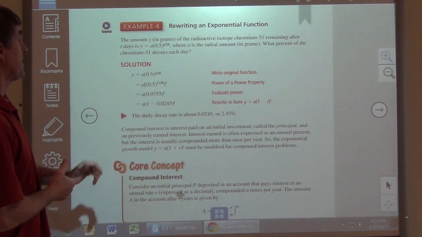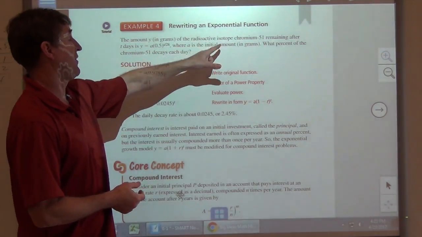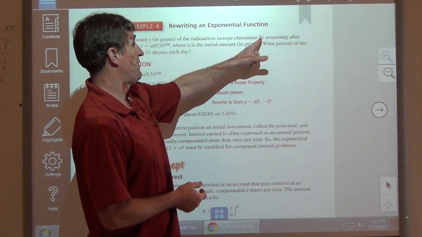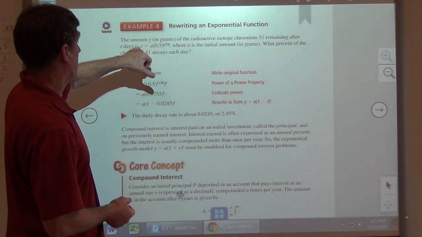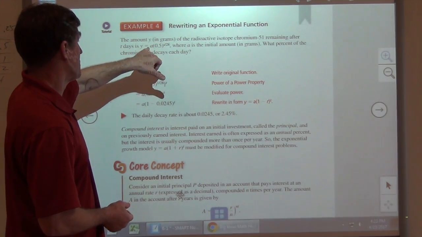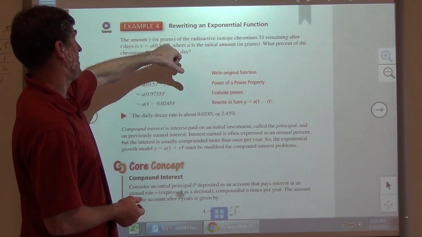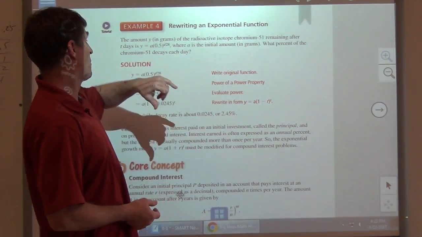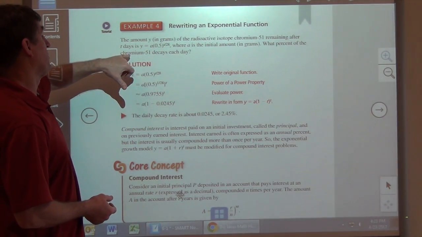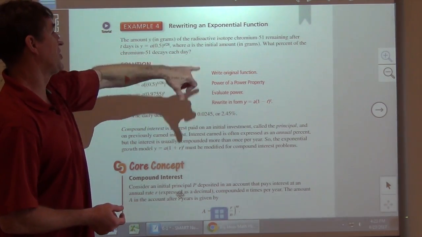It says the amount y in grams of radioactive isotope chromium-51 remaining after t days is y equals a times 0.5 to the t divided by 28, where a is the initial amount in grams. What is the percent of chromium-51 that decays each day?